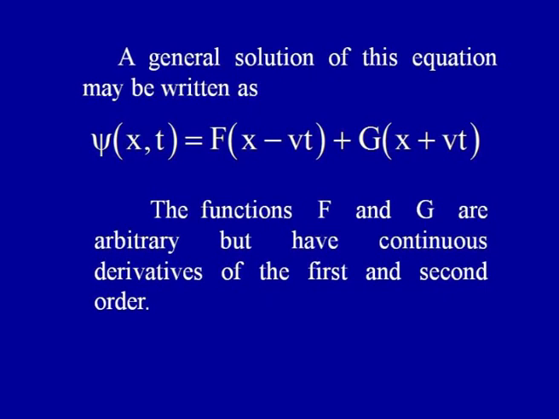This general solution can be written as psi of x t. Remember, we are considering propagation along the x axis. So, psi of x t, psi could be, as I said earlier, particle displacement, pressure, or density, equal to a function f of x minus v t and some function g of x plus v t.